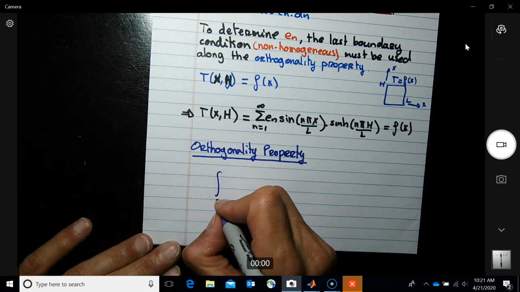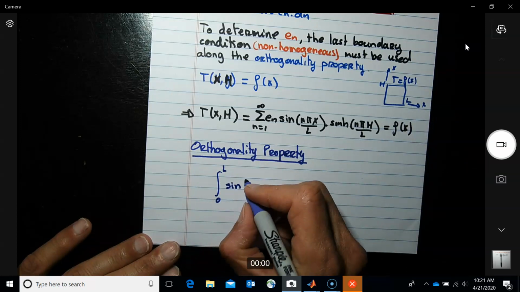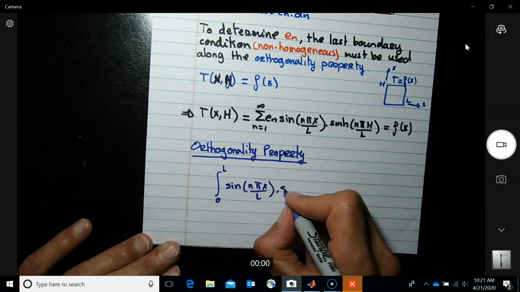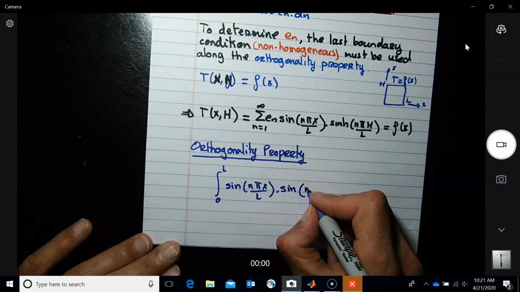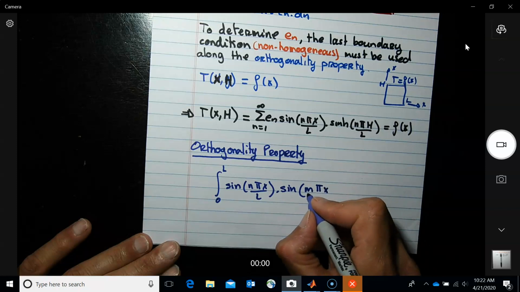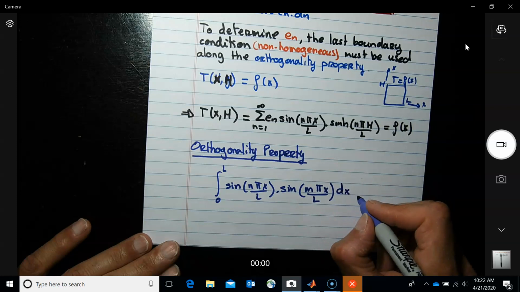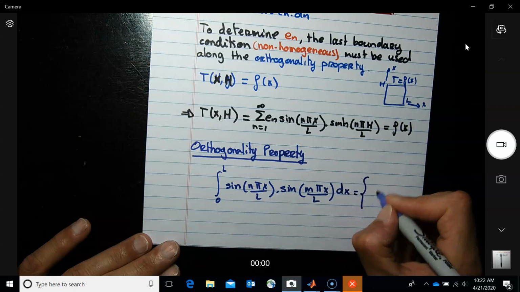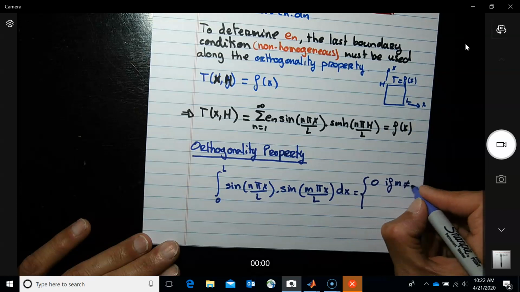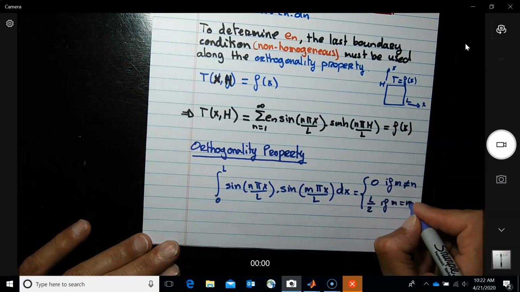It's basically that the integral along the length of the plate of sine n pi x over L times sine, let's say another coefficient, m pi x over L dx is equal to 0 if m is different than n, and is equal to L over 2 if m equals n.